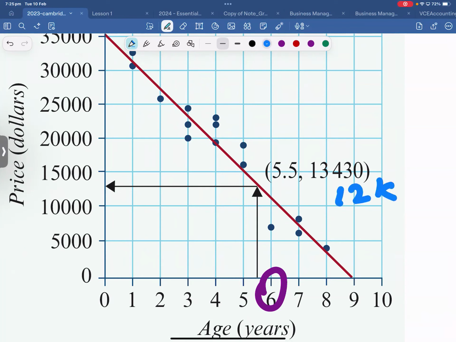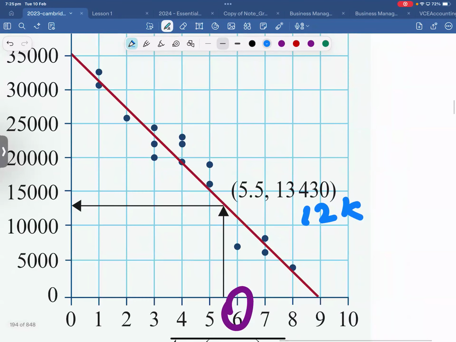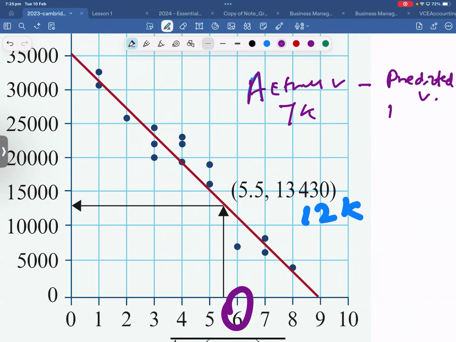12,000, 12K, yes. But based on the actual value, how much is it actually if it is 6 years old? 7,000, correct. So the actual value is 7,000, whereas the predicted value is 12,000.